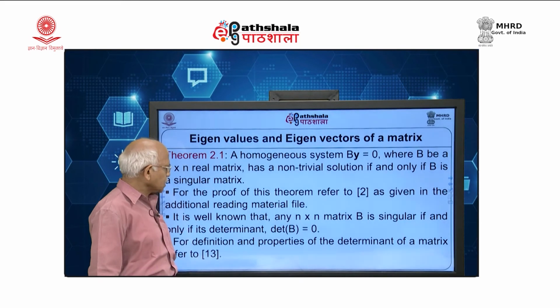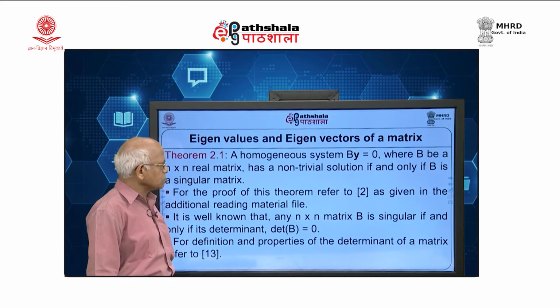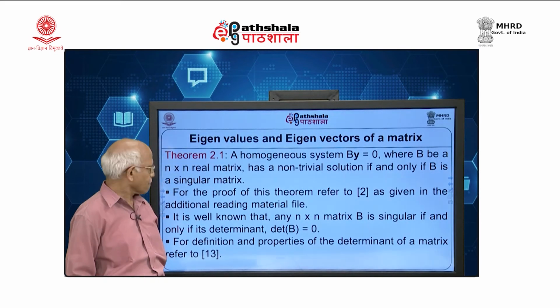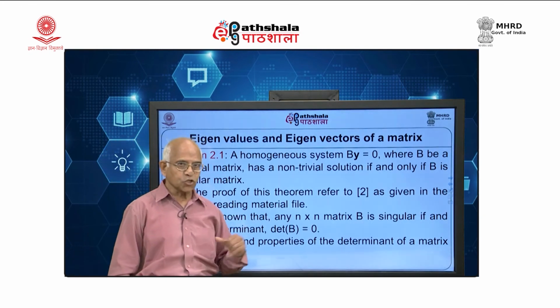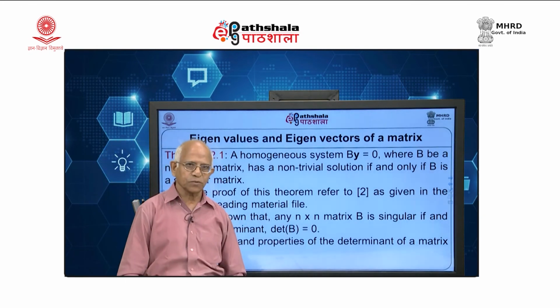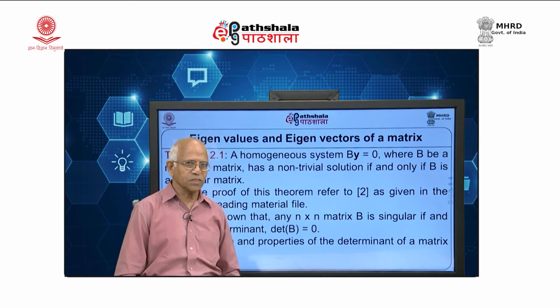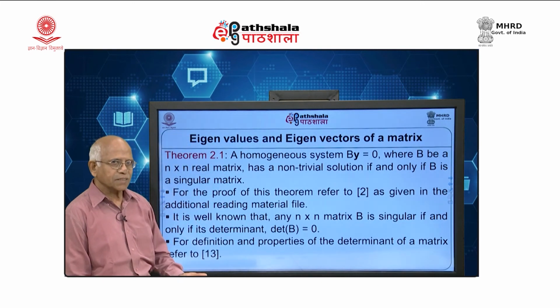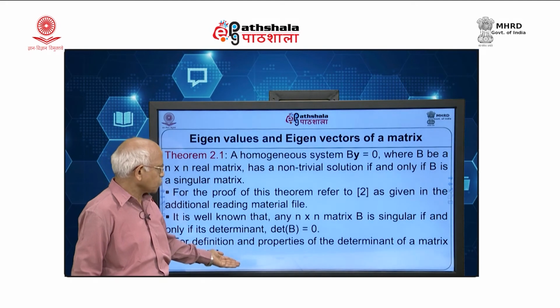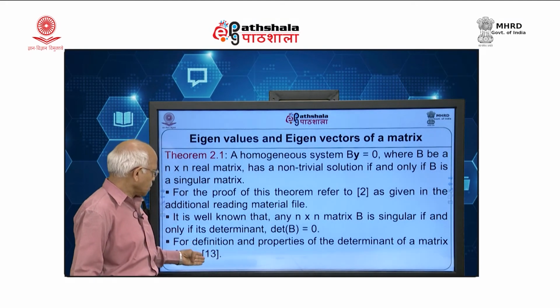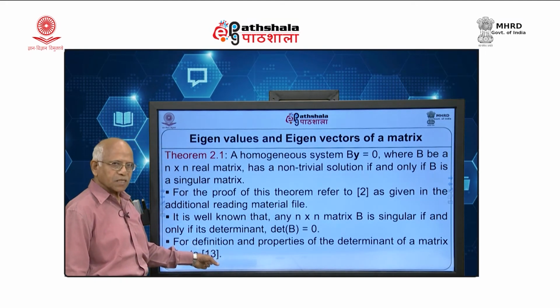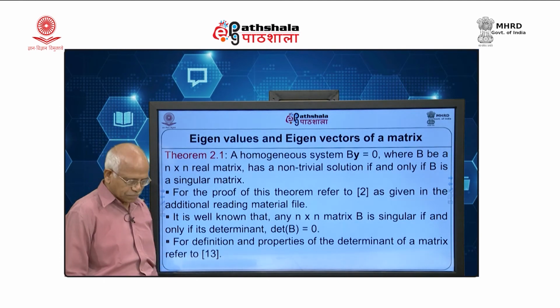It is well known that any n cross n matrix B is singular if and only if its determinant of B is equal to 0. Again, for the concept of determinant, its definition and other properties, we can refer to reference 13, the Kreyszig book on engineering mathematics.